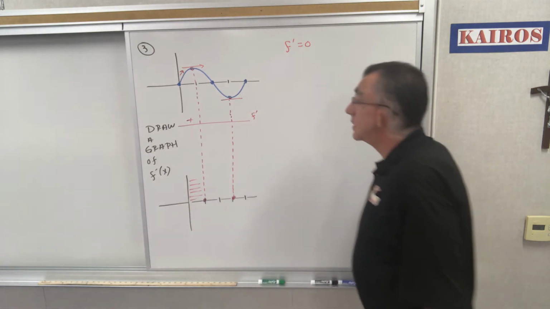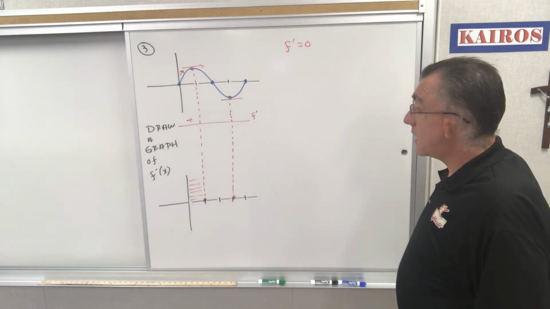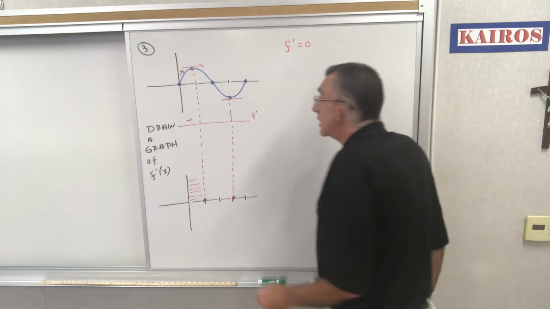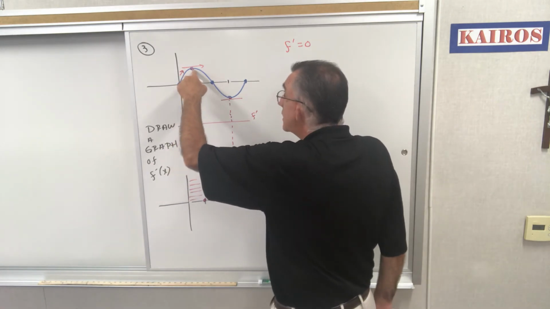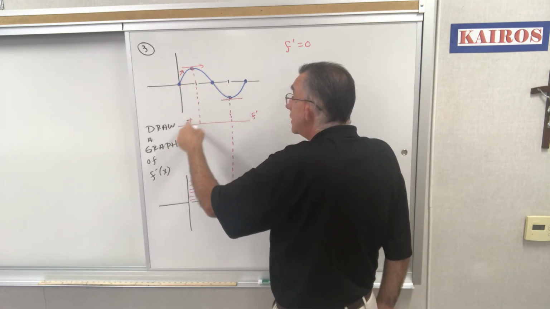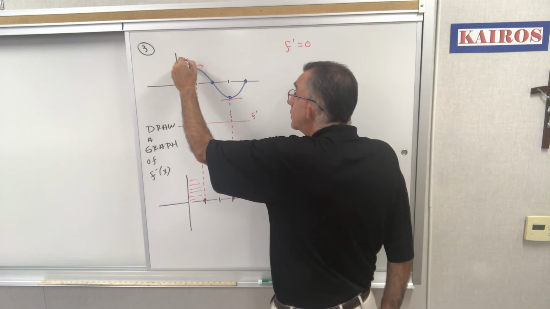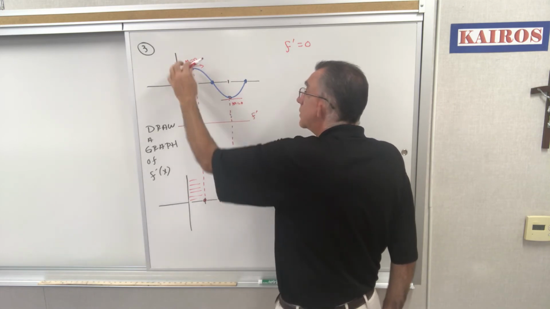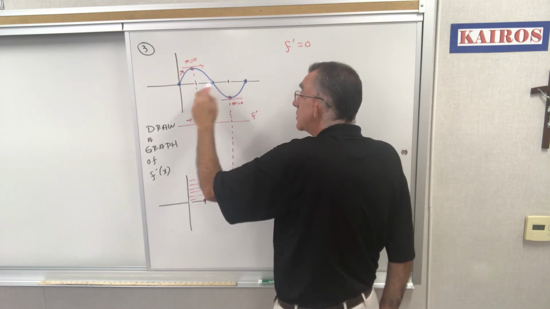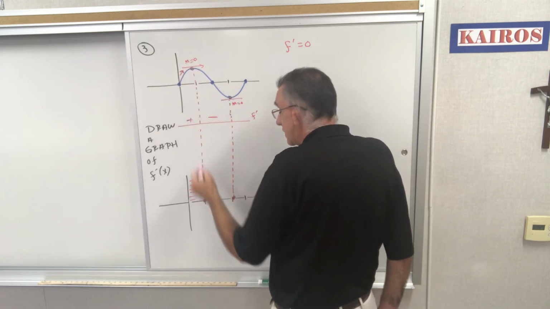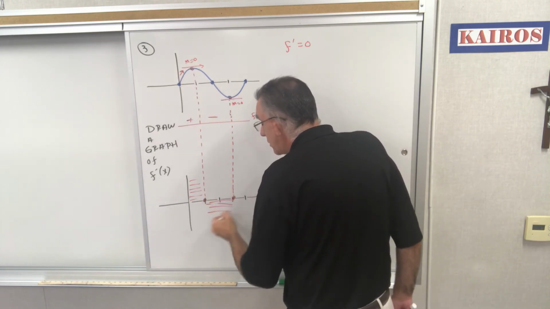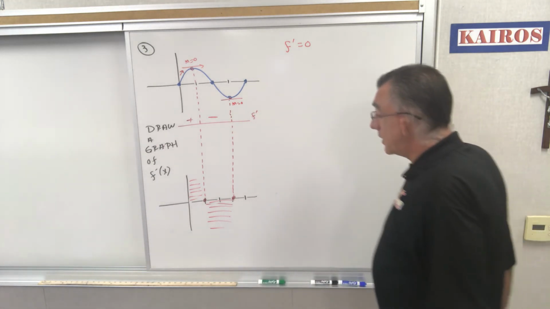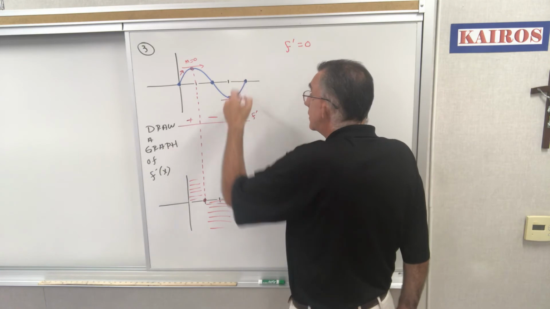It's got to be there somewhere, okay? Then here, notice that from here to here, from that 0 to this 0, where the slope is 0 or the derivative is 0, it is negative. So the graph has to be down here somewhere. I don't know where yet, and we'll figure it out, don't panic. And then from here to here is positive.